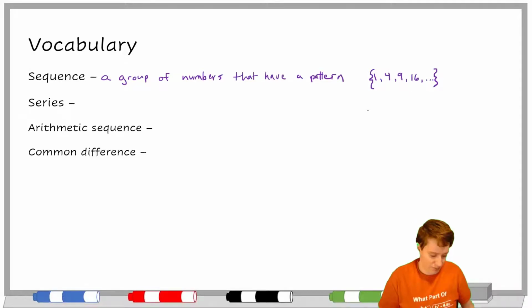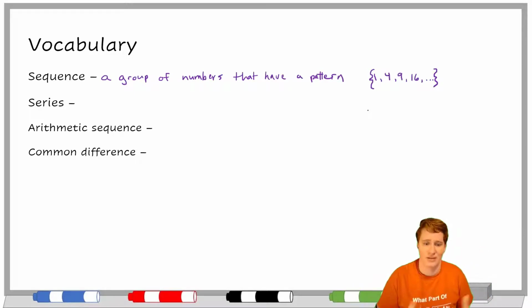Another word for that, by the way, is set. This is a set of numbers. So you're going to see some squiggly brackets quite a bit in this lesson and probably the next one, and it's supposed to mean that this is a specific group of numbers that we're talking about.